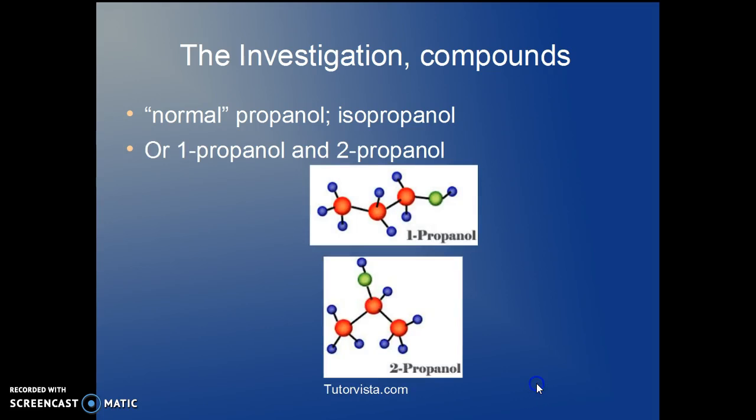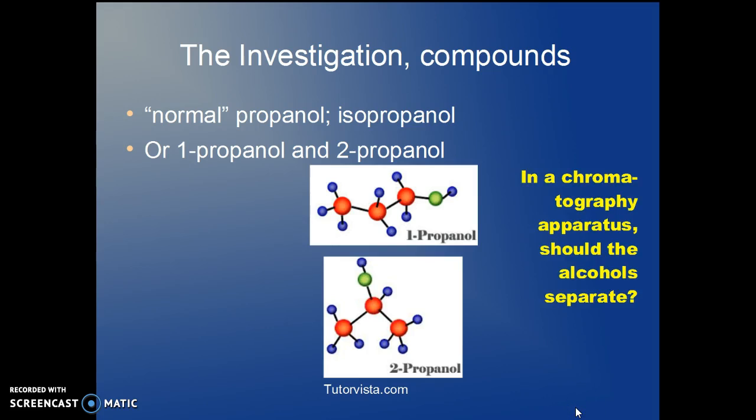Here are the alcohols again, and in a chromatography apparatus. And remember, chromatography works by the movement of the alcohols across some sort of fixed screening apparatus like paper, perhaps a paper towel.